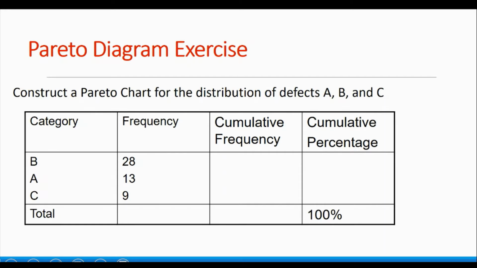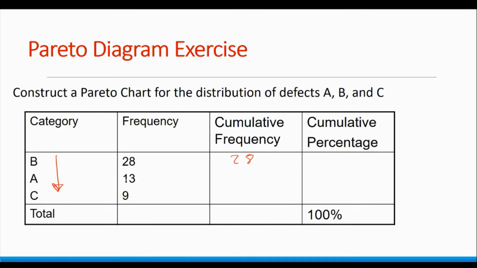Once we have the categories from highest to low on frequency here, then we can continue our calculations. Okay, so we have B happens 28 times as frequency. So cumulative frequency is 28. Nothing else has accumulated. It's only B by itself.